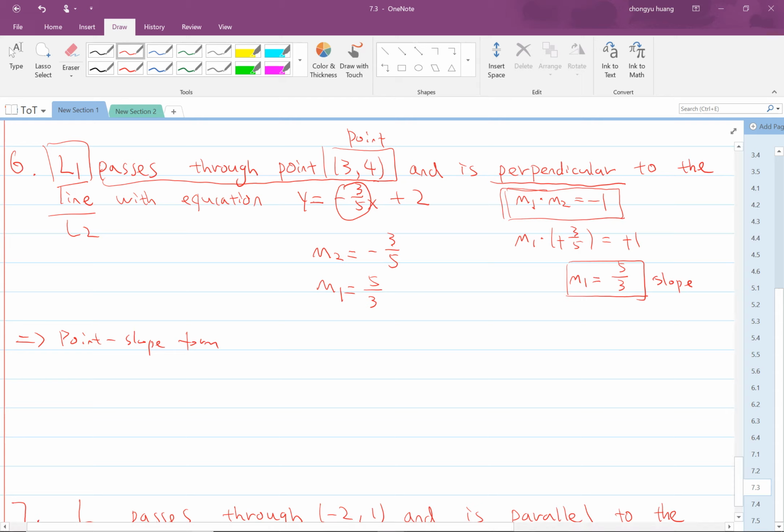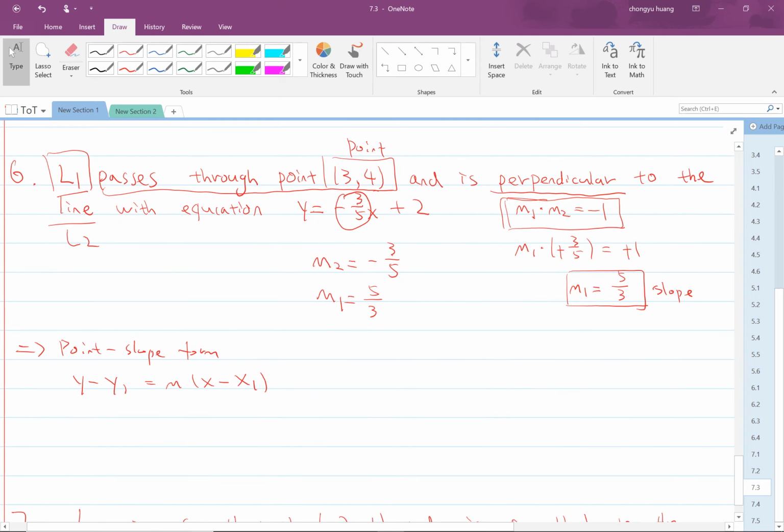The point slope form, as I mentioned many times, is y minus y1 is equal to m times x minus x1. Let me clean this part and rewrite a little bit. We want to plug in those numbers in order. We have x1 equal to 3, y1 equal to 4.